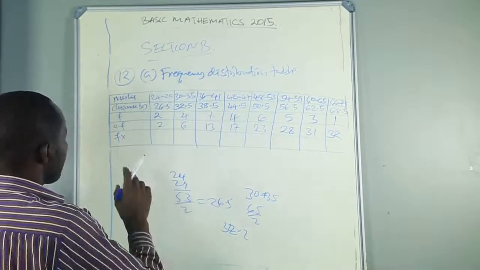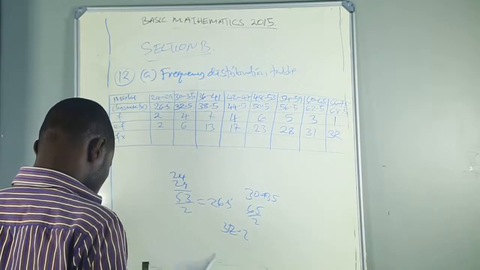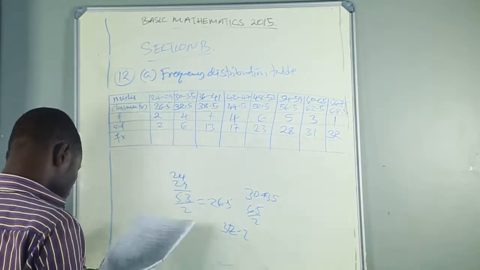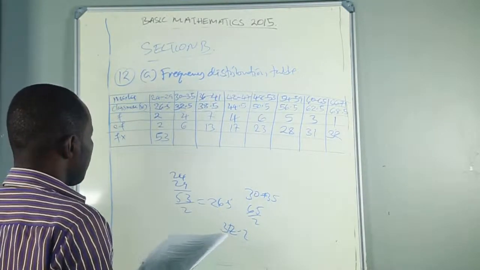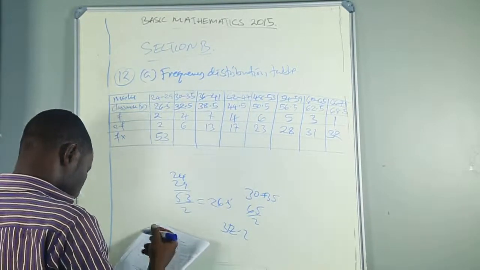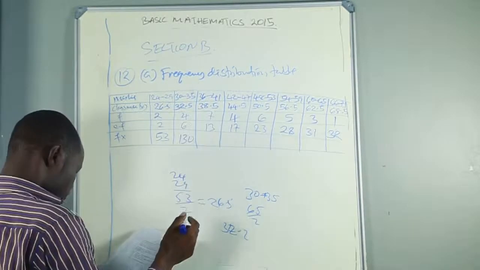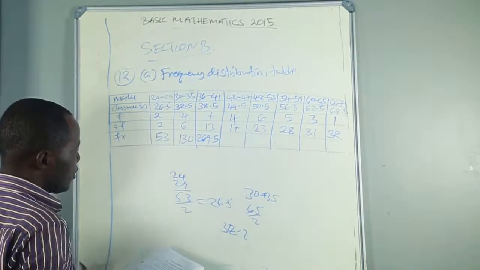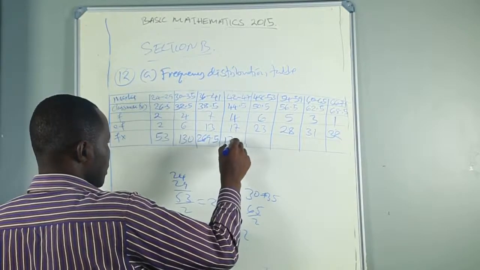Fx, we take f times x. When you multiply 26.5 times 2, it is 53. Then 32.5 times 4, if you multiply it is 130. Then 38.5 times 7, it is 269.5. Then 44.5 times 4, it is 178.